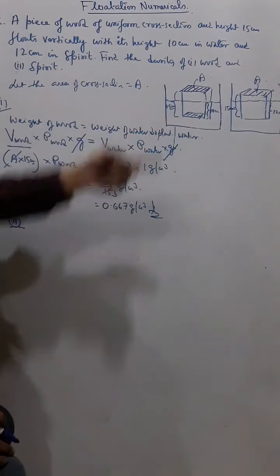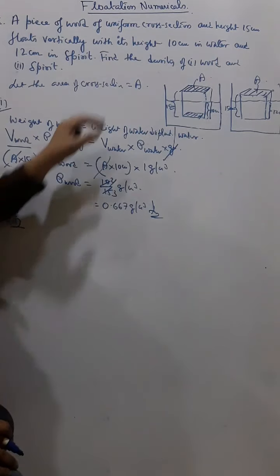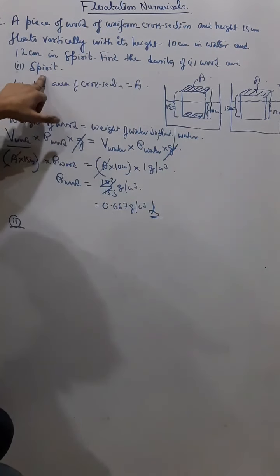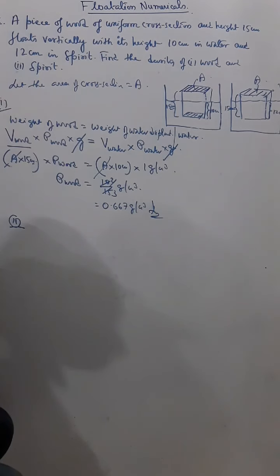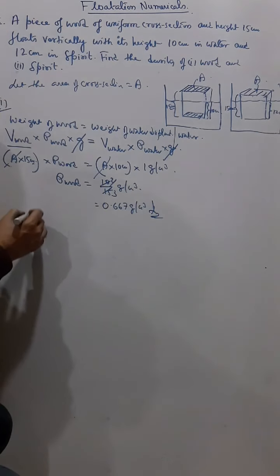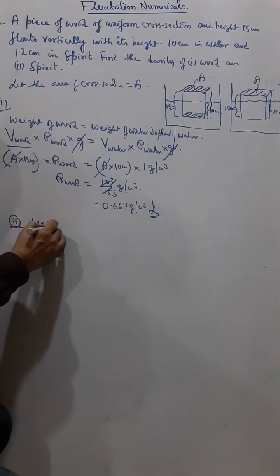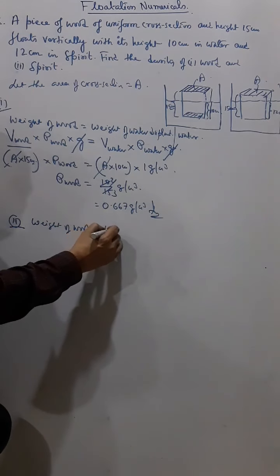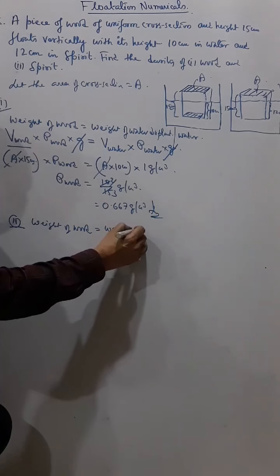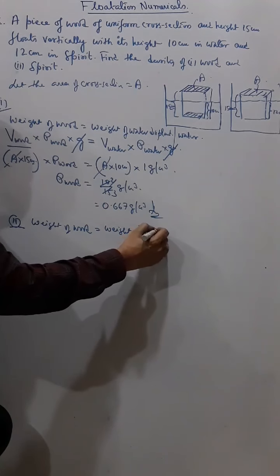The same thing we'll do for the second one also, and from the second one we can calculate the density of spirit, because now we know the density of wood. So again, weight of wood is equal to weight of spirit displaced.